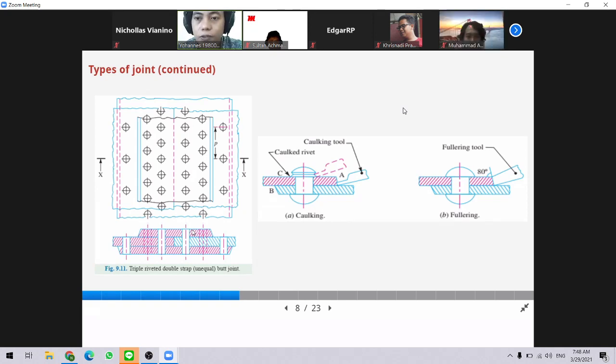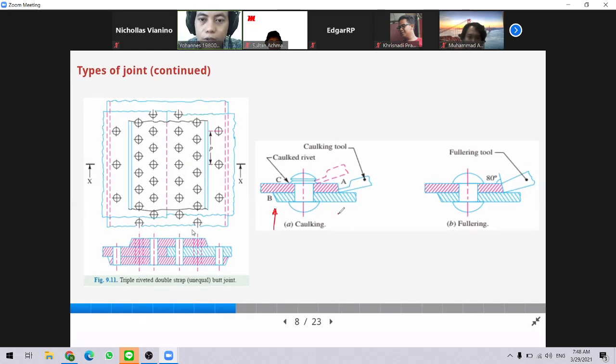The purpose of caulking is to prevent leakage. If we have high pressure steam, just like in a boiler, or high pressure gas, just like in an LNG tank, leakage is not an option.